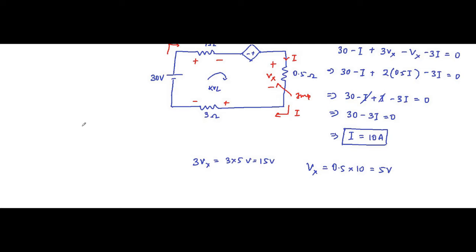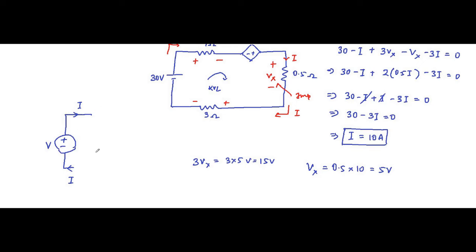Now you always know that whenever we have a dependent or an independent source, that element is said to be supplying current when current flows away from the positive into the negative terminal.